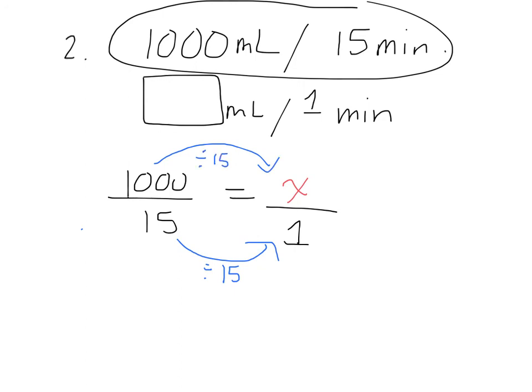Divide by 15, so you're actually doing 1,000 divided by 15. And what's the final answer? 66.6, it was repeating, right? Okay, so the rate is approximately, let's round it up, 67 milliliters for every 1 minute.